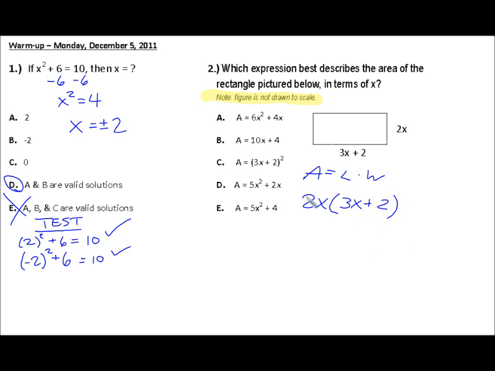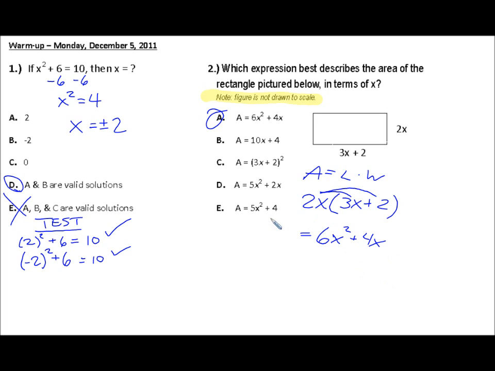Now whenever you see a monomial, that's a single term, times some set of parentheses, which has more than one term, we know that we have to distribute to get the correct answer. 2x times 3x gives me 6x squared, and then 2x times 2 is just 4x, positive 4. Now the positive I just put as a plus sign, so the answer is A.